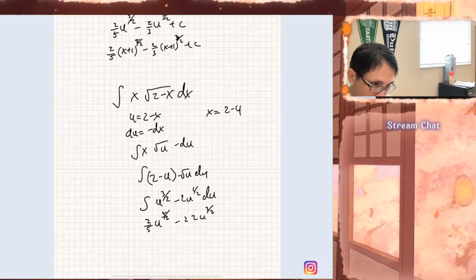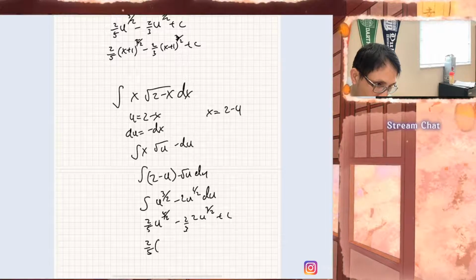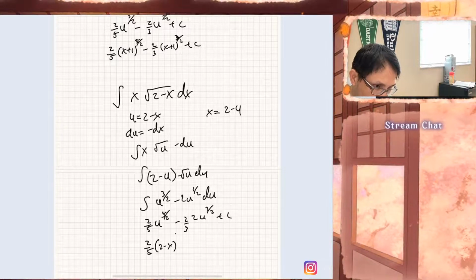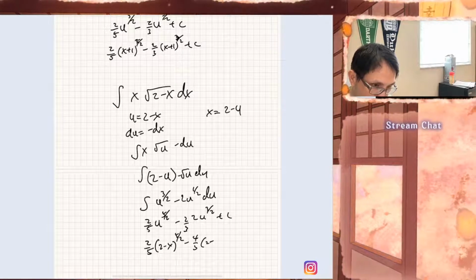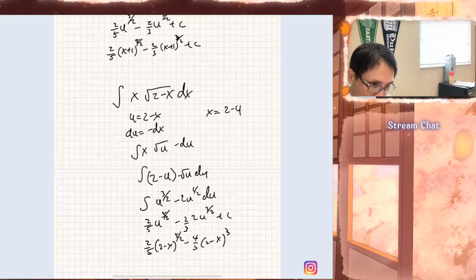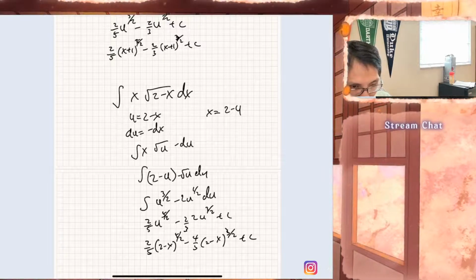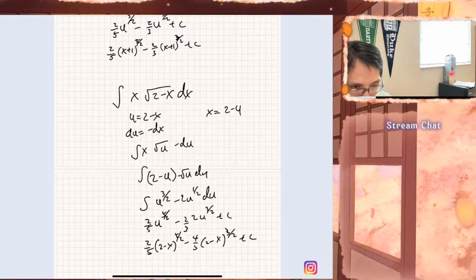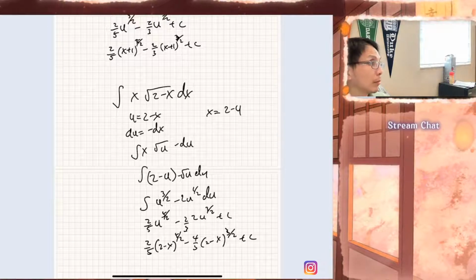For the next... Yeah, you're supposed to add the tables.